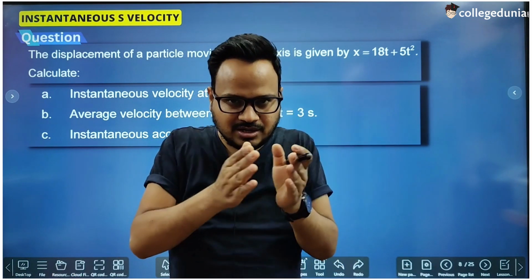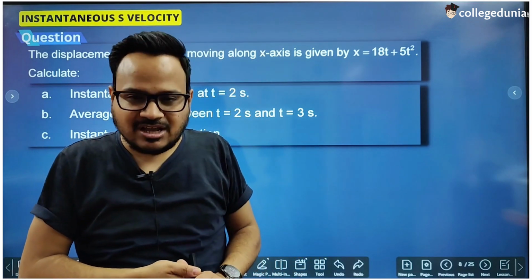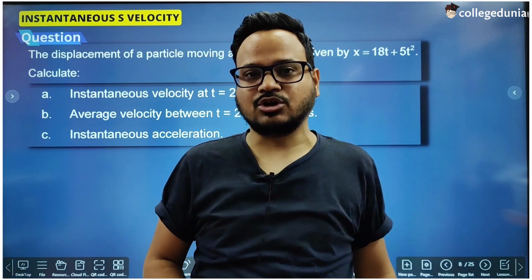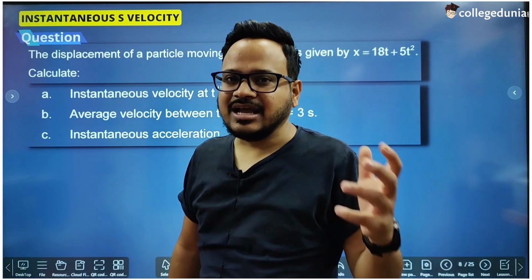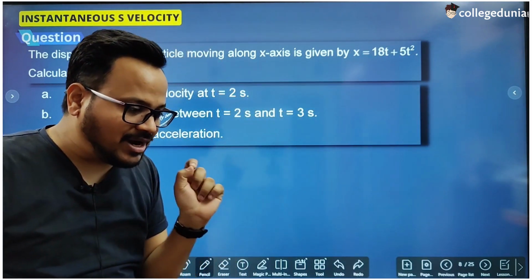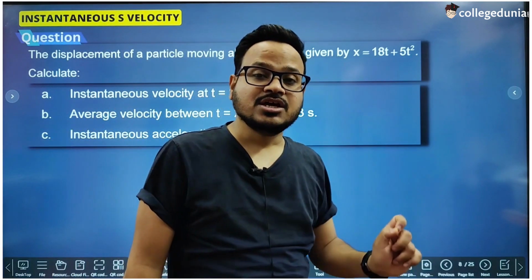If we are interested in the speed as a whole, we take average speed. But if we are interested in the speed of the body at a particular instant, like at 9:30 a.m. and 10 seconds, that speed is called instantaneous speed.